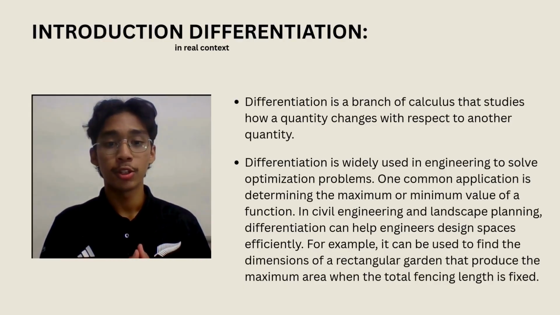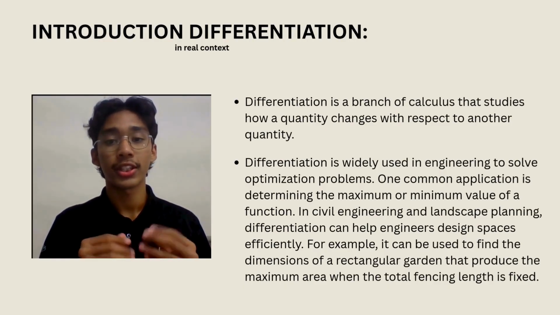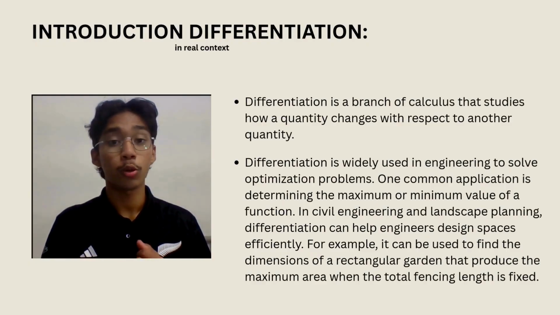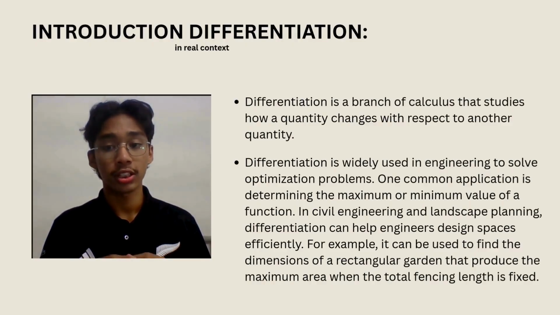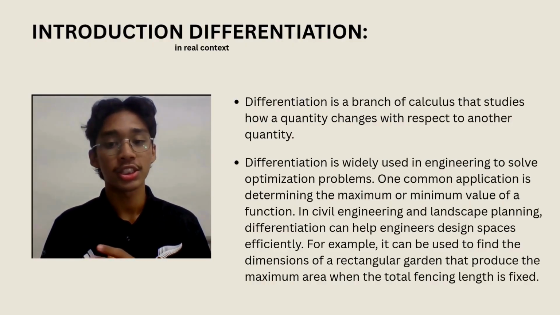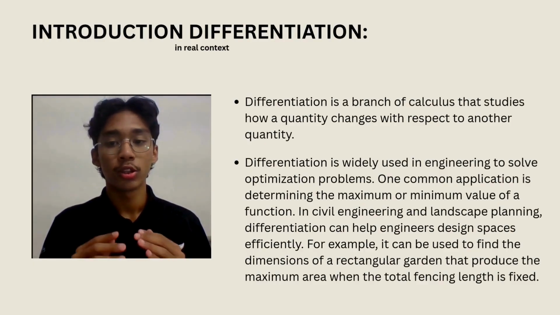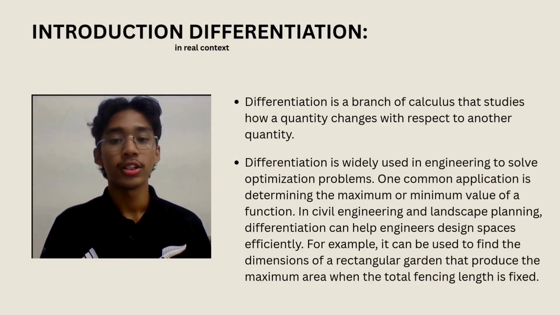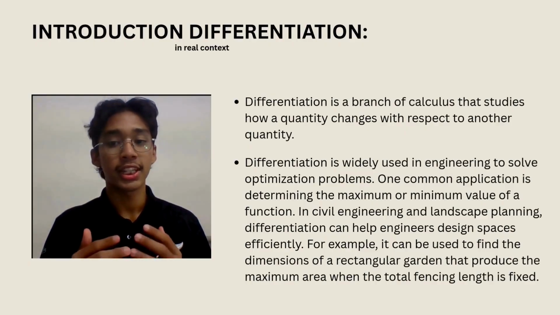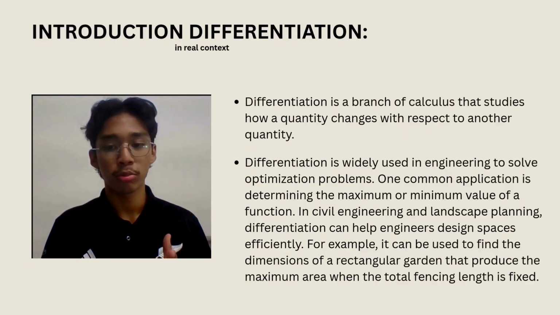So in today's video, we're going to talk about function differentiation in a real-life context. First, what is differentiation? Differentiation is a branch of calculus that studies how a quantity changes with respect to another quantity. It is widely used in engineering to solve optimization problems.